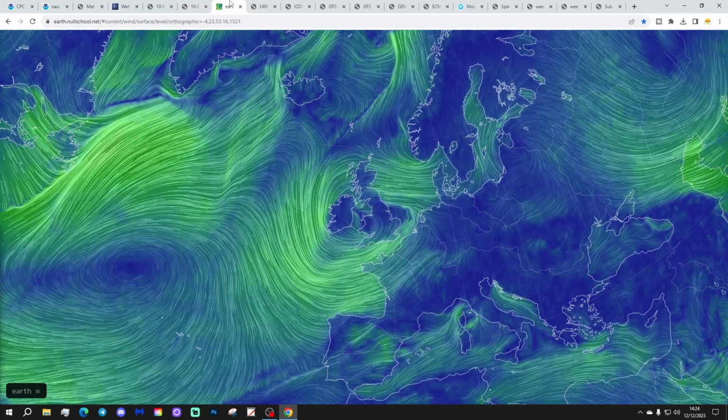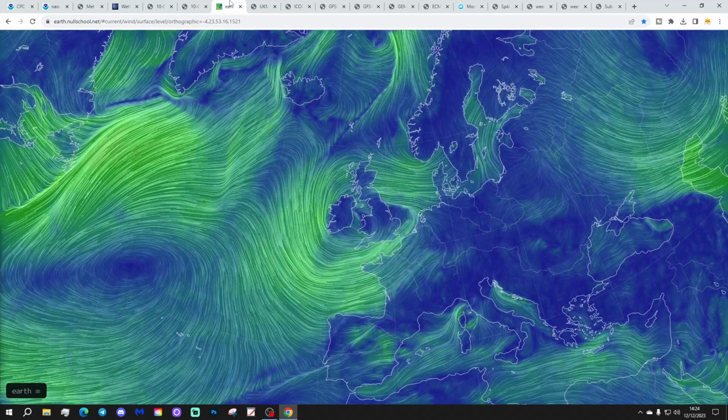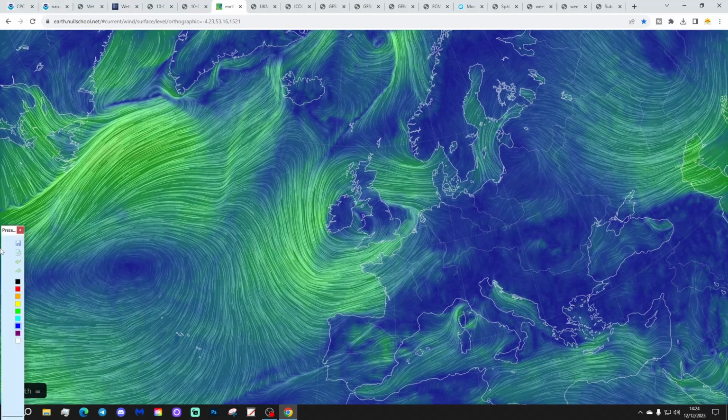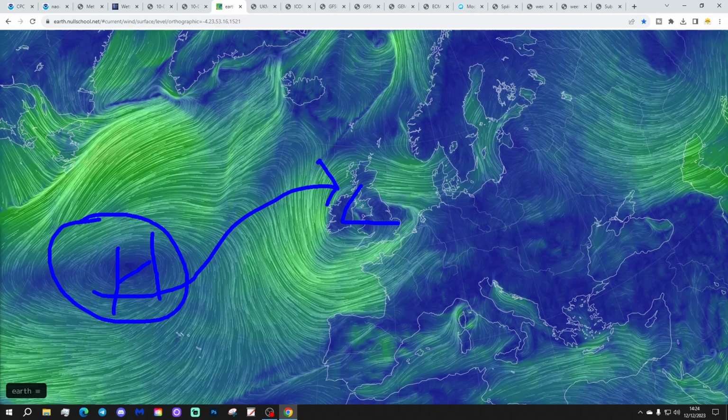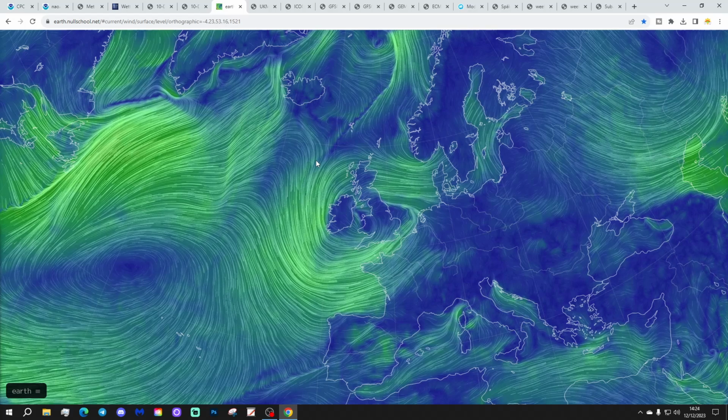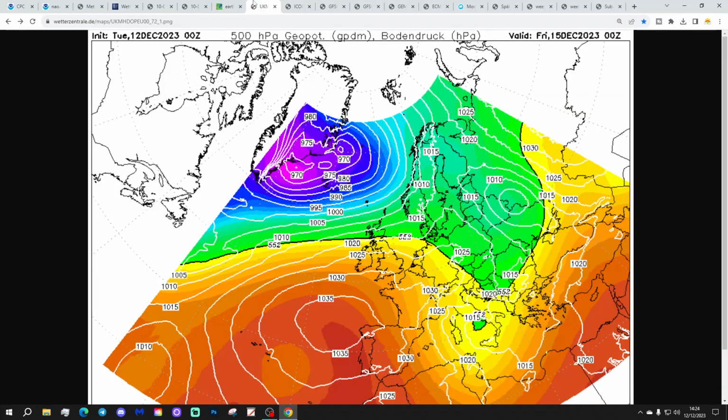Our latest wind flow map from earth.nullschool.net shows an area of low pressure sitting right over the top of the country today, so remaining unsettled. However, that's the Azores high just there, and that high will be generating a ridge for us through the rest of the week, so gradually things will be settling down.